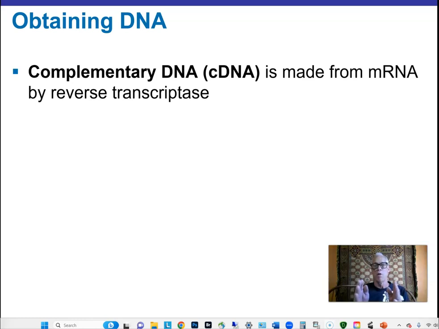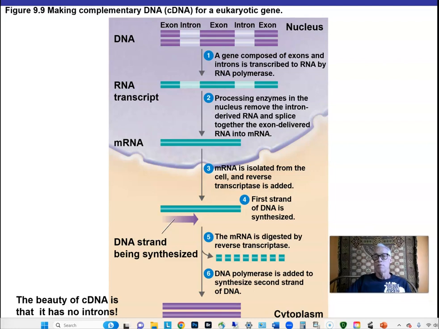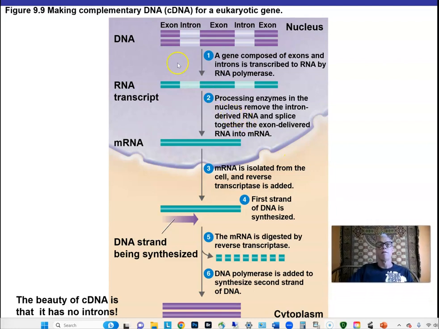You'd have all this non-coding DNA, chunks of it, all sprinkled throughout your coding sequence. That won't work. What we'd like to do is take the messenger RNA from the cells while they're expressing that particular gene of interest and purify that messenger RNA, and then use a reverse transcriptase enzyme that comes from retroviruses.